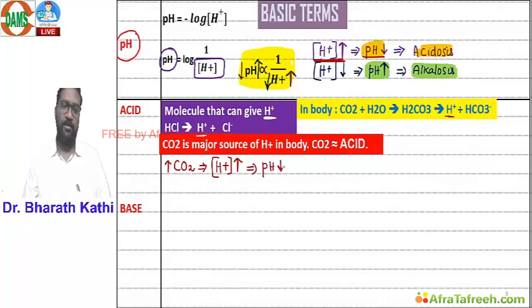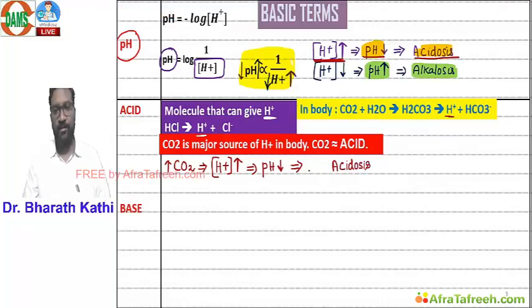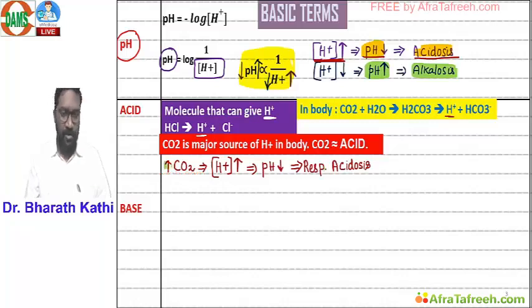Any decrease in pH should be called acidosis. It is due to CO2. That's why it is called respiratory acidosis. In very simple words, carbon dioxide retention is nothing but respiratory acidosis.